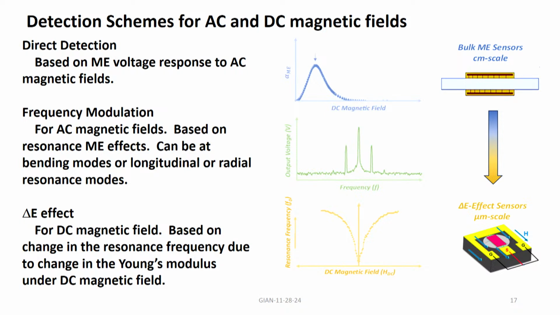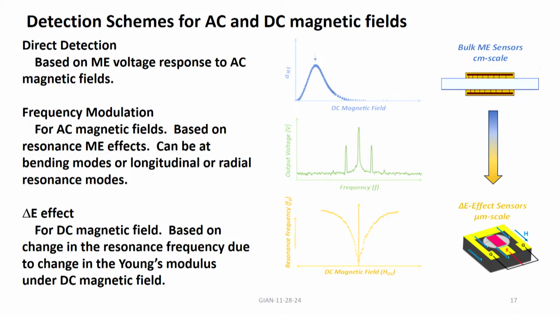Then you superimpose the field that you want to measure. Let us say that frequency is f, the resonance is occurring at f naught, then the field that you want to measure will appear as two peaks around the center, one at f naught plus f and f naught minus f. Then you measure this amplitude, that is rather high, it will be several volts or hundreds of volts. So, you can enhance the sensitivity of the system by operating the sensor under resonance condition.